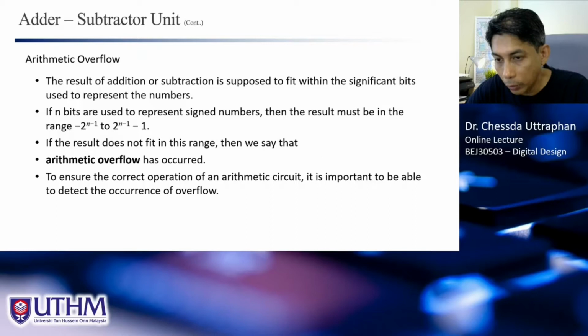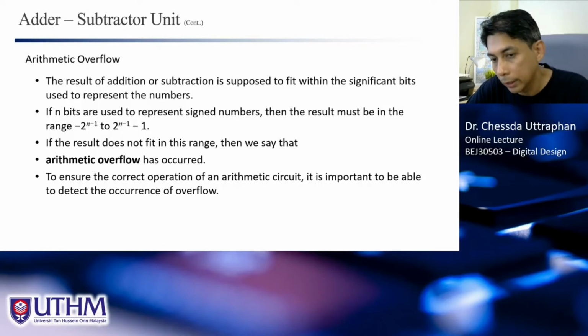So we need to know whether the result from the arithmetic operation fits the system that we have or not. For example, if our system is 4-bit, the result should be 4-bit.